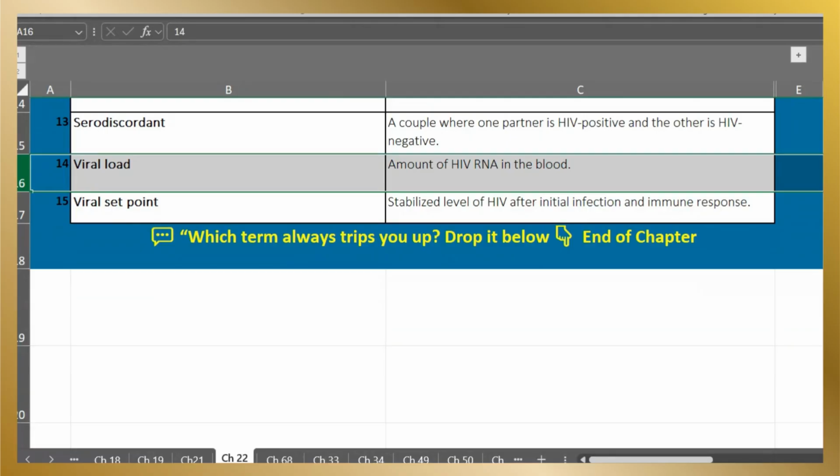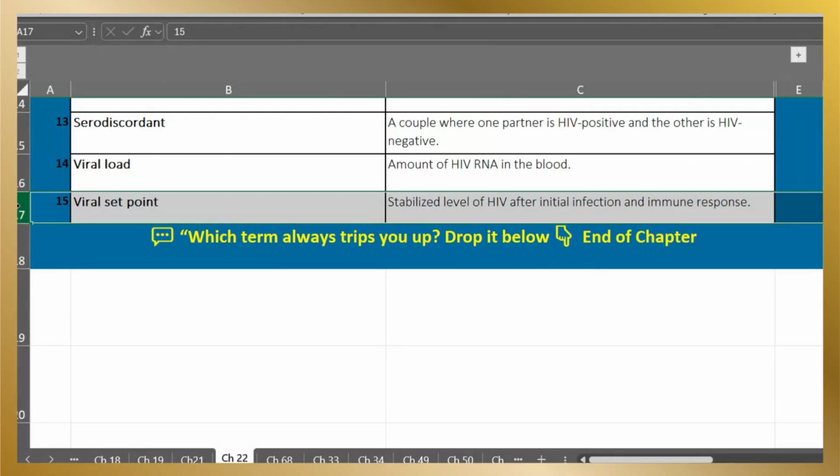The viral set point is the stabilized level of HIV after initial infection and immune response. This is used to predict disease progression; a lower set point means slower progression to AIDS. This is the end of the 15 terms from this chapter.